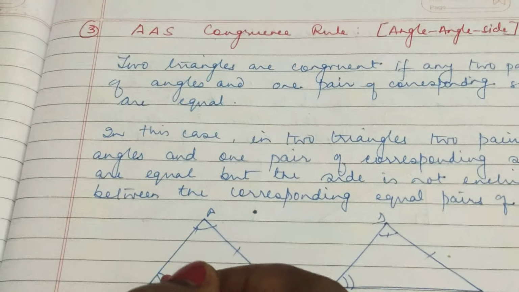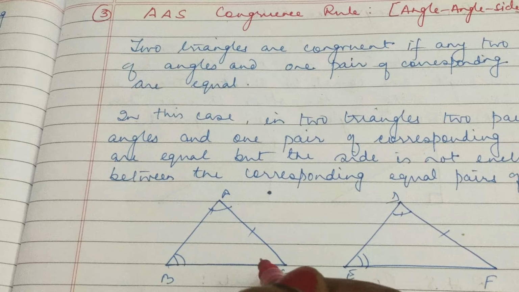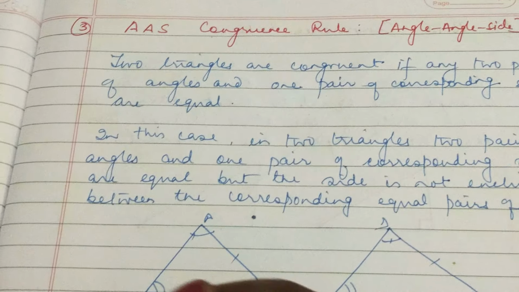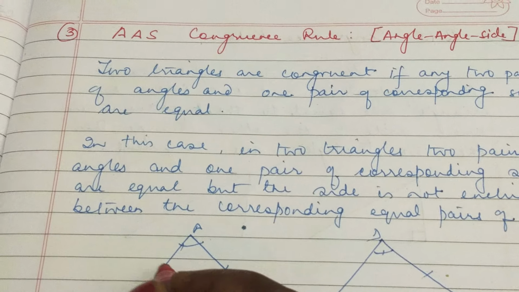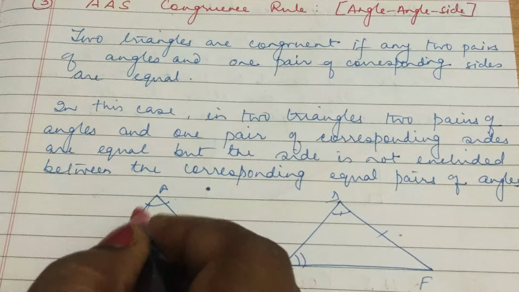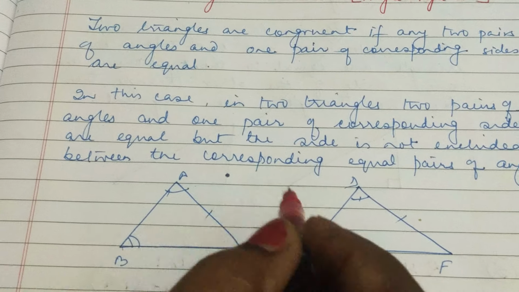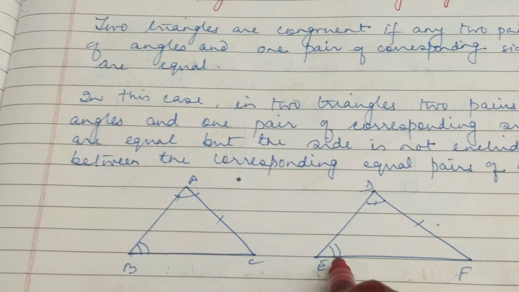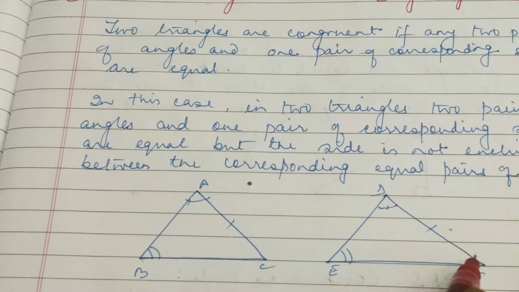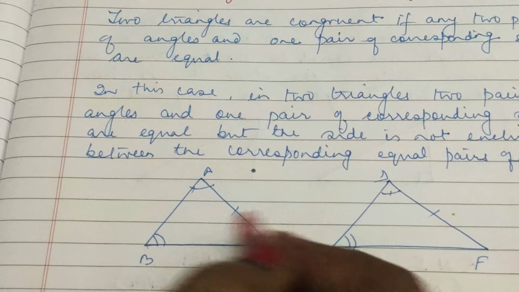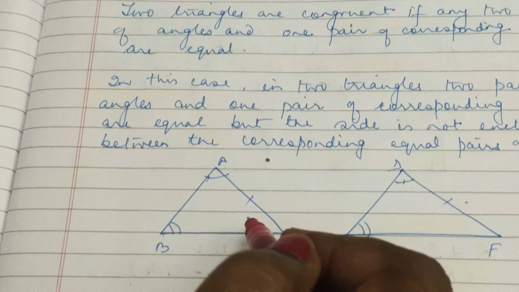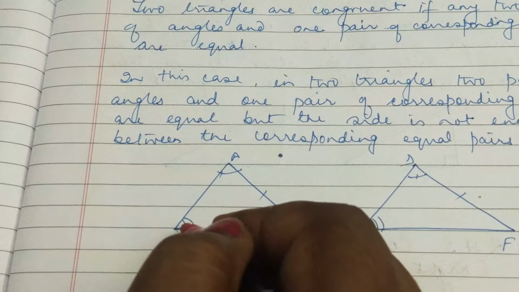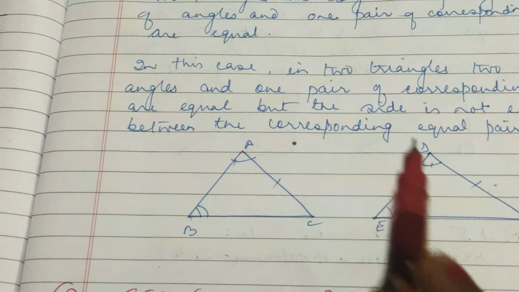Two pairs of angles and one pair of corresponding sides are equal, but the side is not included between the corresponding equal pair of angles. Here angle A is equal to angle D, angle B is equal to angle E, and AC is equal to DF. In this case, the two triangles are congruent by AAS congruency rule, angle, angle, side.